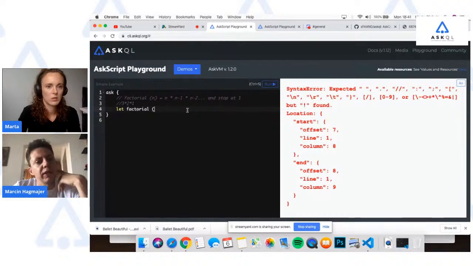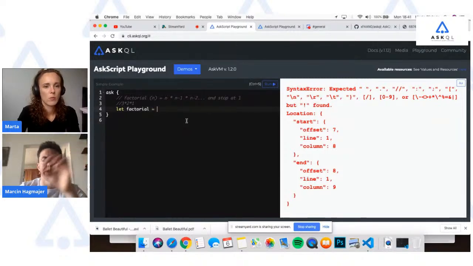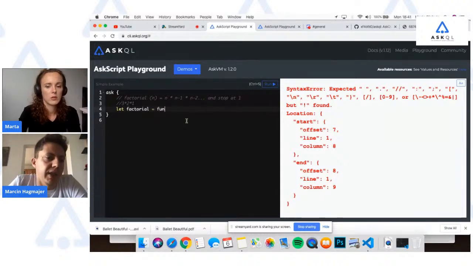As you remember, you can take a look at the previous function definition to keep that memory. So what we do here, we say let identifier. So let factorial means I'm going to create a new identifier in this world called factorial, and here is what it is. So you need to say the equals. So let factorial equals, and then function.